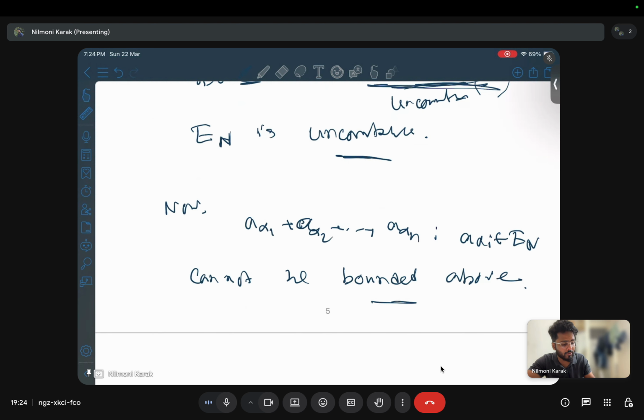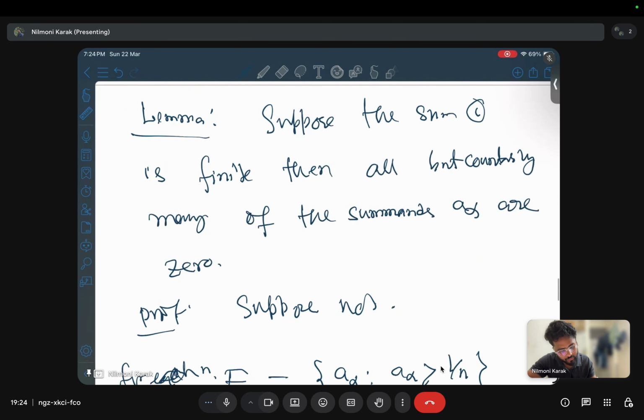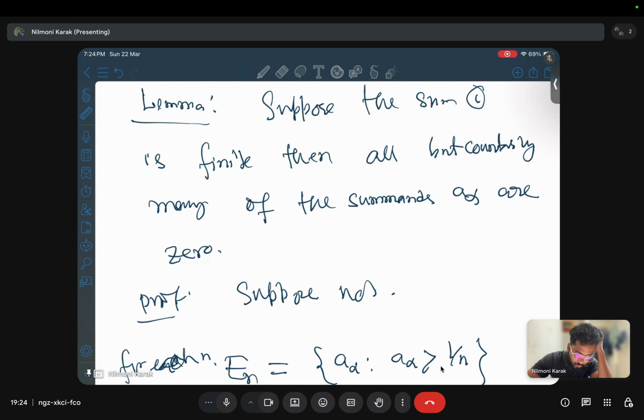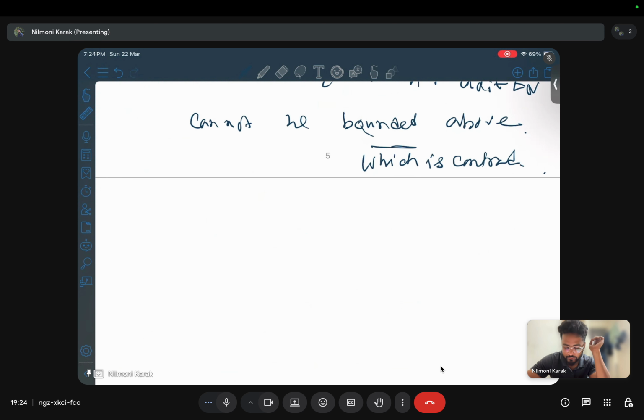Since this is not bounded above, it doesn't have a supremum at all, which is a contradiction. Okay, so then we have all but countably many of the summands A alpha are 0.